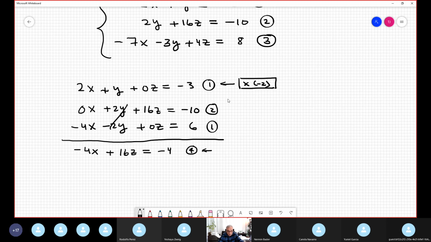This is not mandatory, however I highly recommend dividing by -4 or by +4, either way. When you divide by -4, everything becomes -4, -4, -4. My new equation 4 is x minus 4z equal 1. Wow, easy. This is my equation number 4.